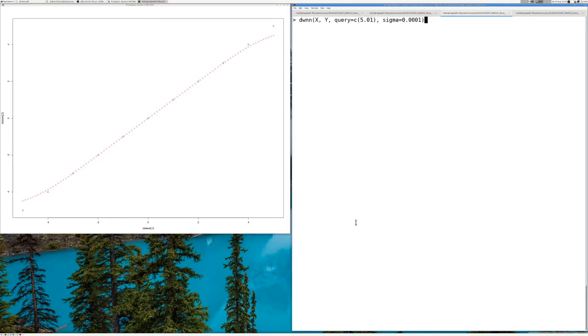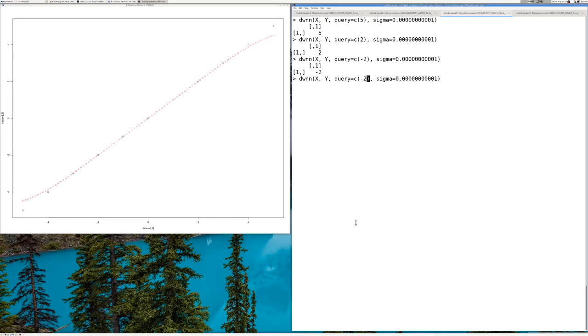Even worse, if my sigma is even smaller, take a look, a very small sigma like this. If I provide 5, which is perfect, it happens in my training instance, it's going to answer properly because it's memorizing my data. What happens if I bring a quite small perturbation here?